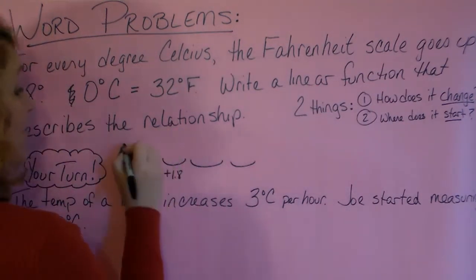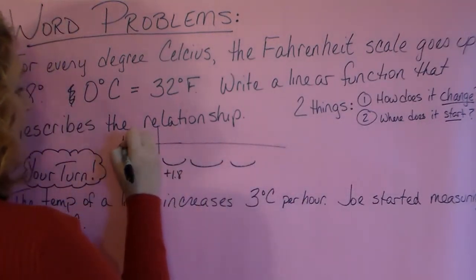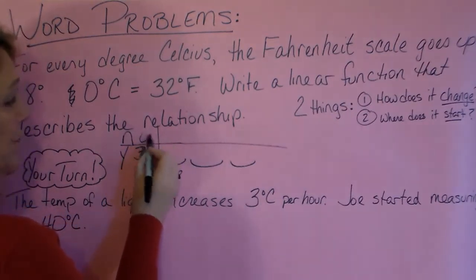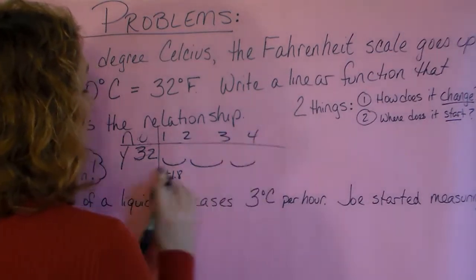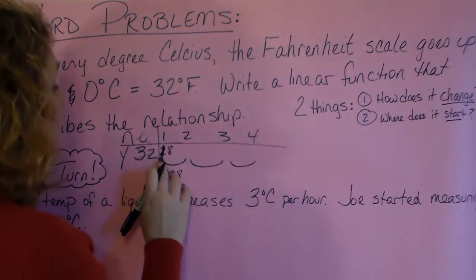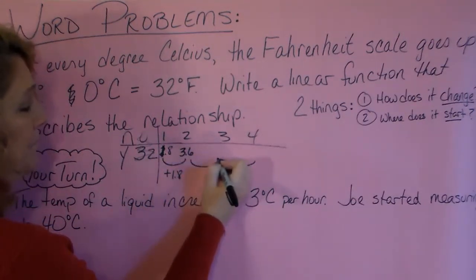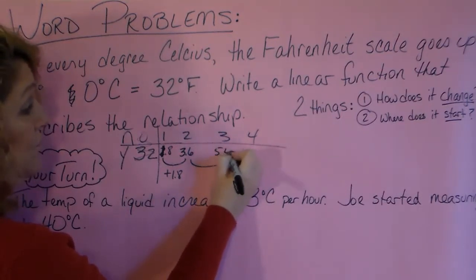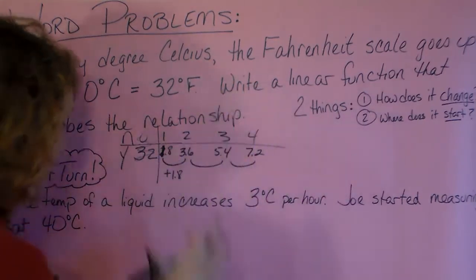So if we had n's and y's, and 0 is 32, so we're not going to do 0. We're going to do 1, 2, 3, 4. So we're going to start at 0. We're going to go 1.8, 3.6, 5.4, 7.2, and on and on and on.